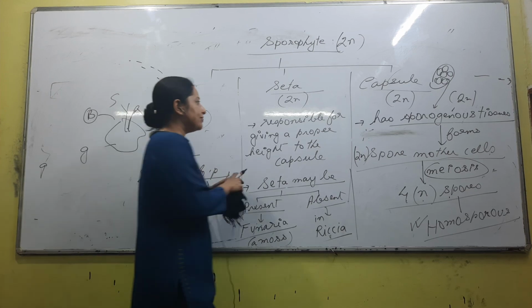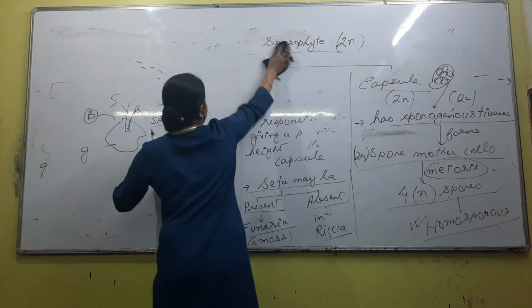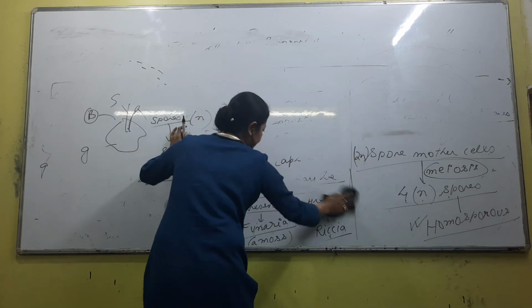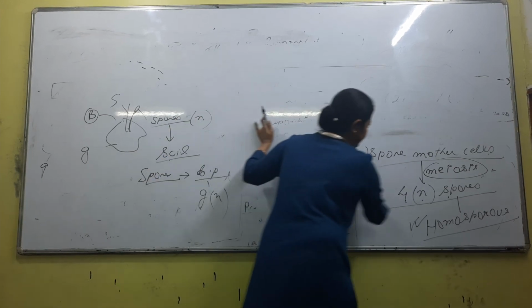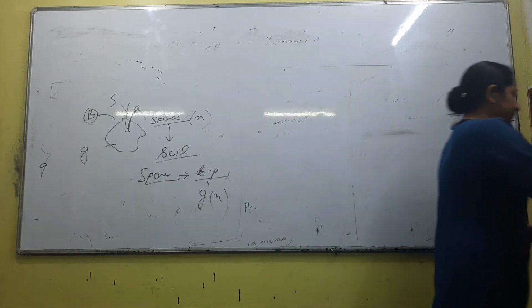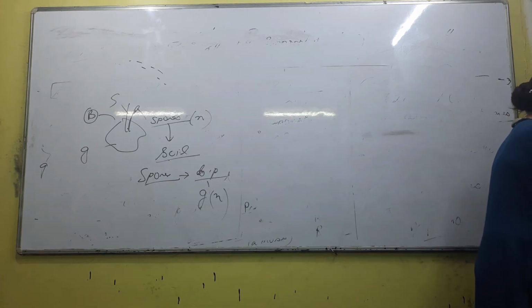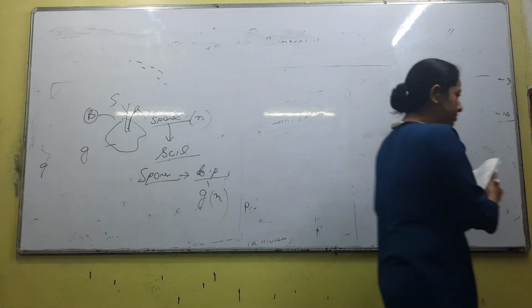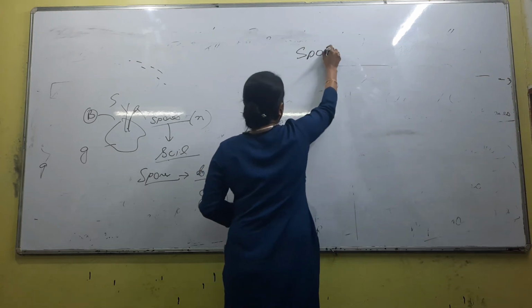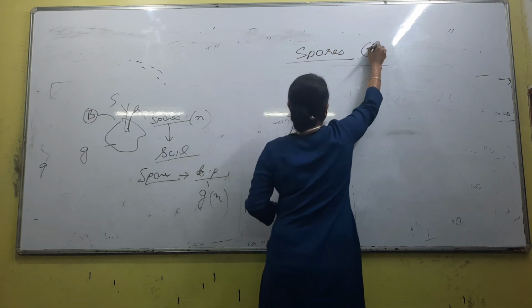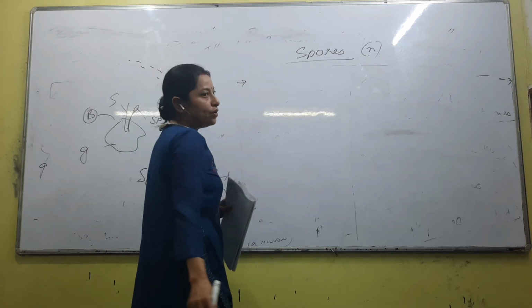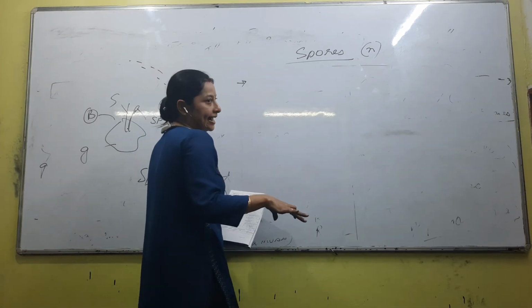This is the point that we are going to write now. So some information about the spores. Because embryo is 2n, spores are n, right?